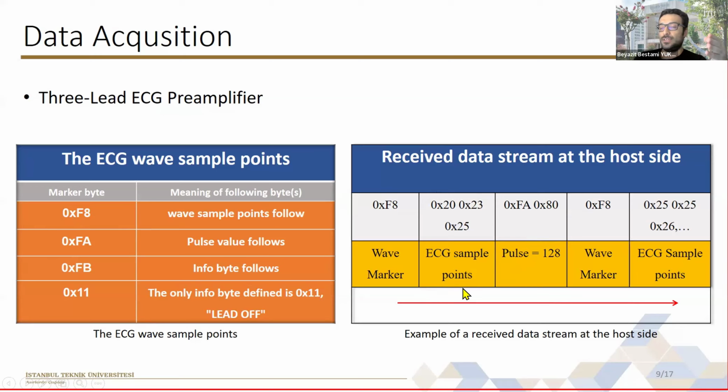So this shows the timeline, and we get the data from the ECG board preamplifier. When we see F8, that means the following bytes are the ECG signals. When we read the FA, that means the next signal is pulse information.